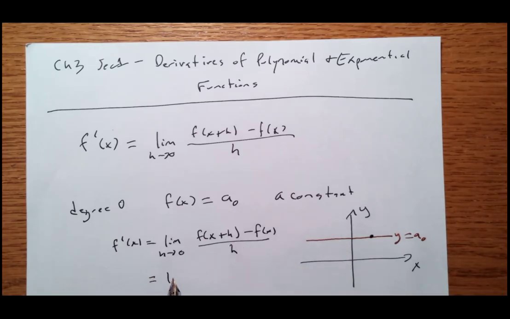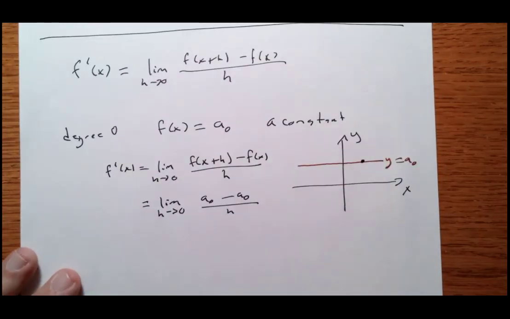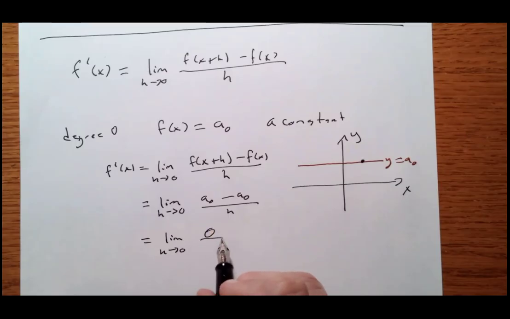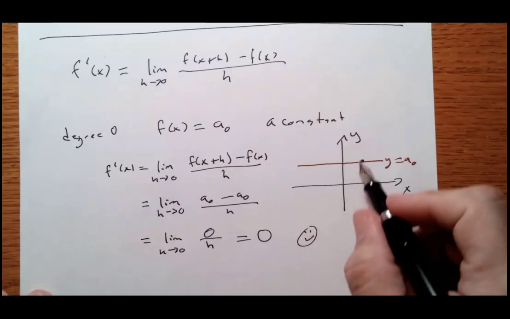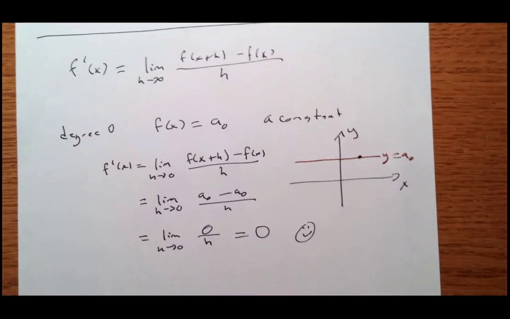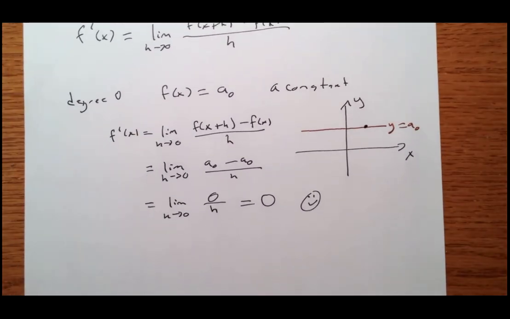So the top of this fraction is a0 minus a0. Wait a minute, that makes the top of that fraction 0. And the limit of 0 is 0 because 0 is a constant. Yay, that matches what I intuitively thought would be right for the slope of this tangent line.